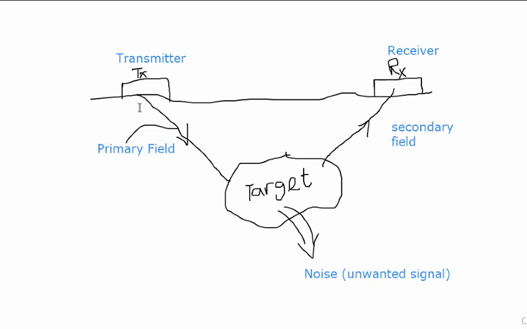The signal that comes from the transmitter and gets into the subsurface will produce a primary feed. The primary feed will be converted to eddy current, which is usually unwanted, and the other current will now get to the receiver, which is called the secondary feed.